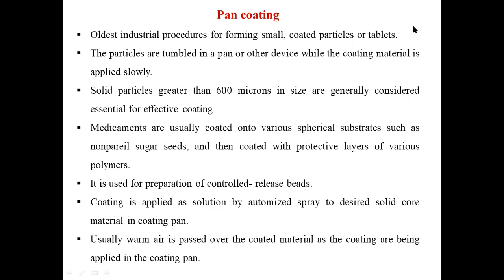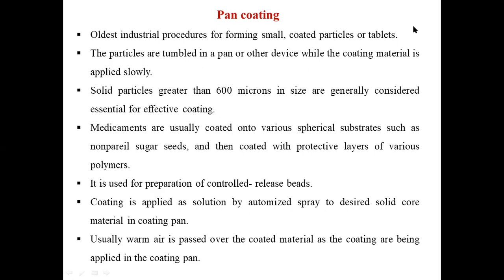The spraying solutions that we use for the coating purpose, the rate of spray applied, and the rate of air inlet as well as outlet play a very important role in a coating system. Coating is applied as solutions by atomized spray to the solid core materials in a coating pan.